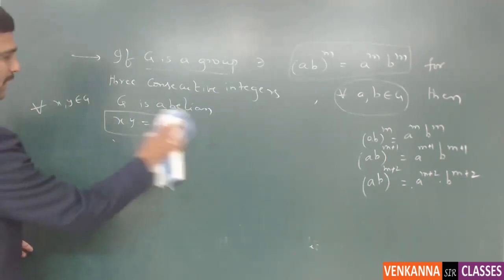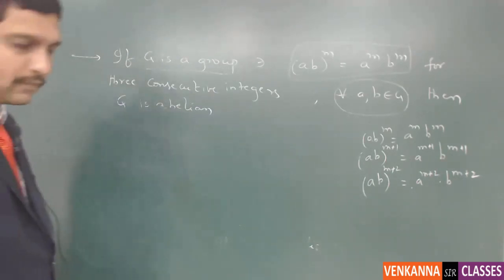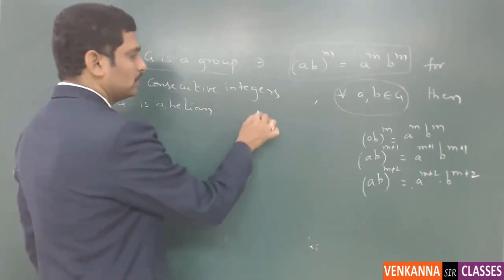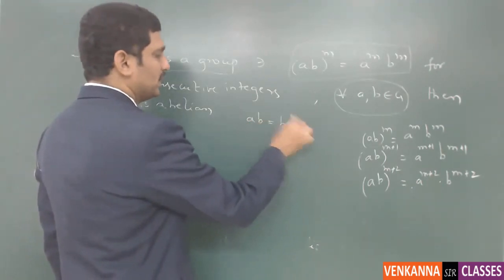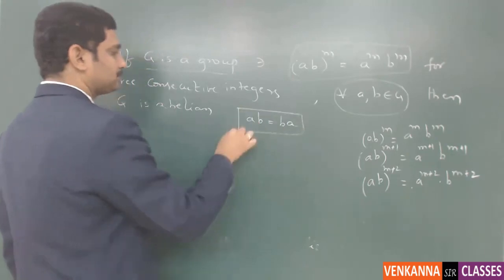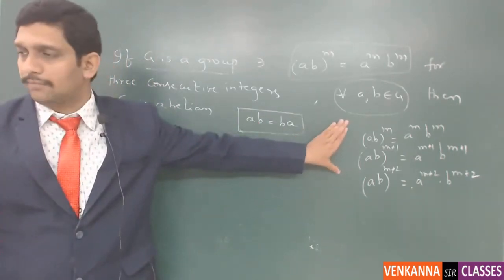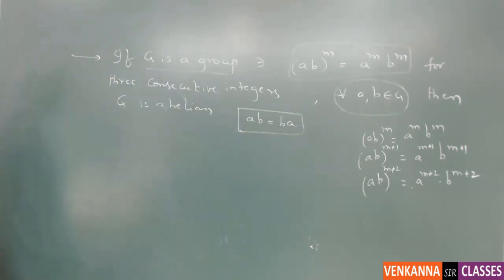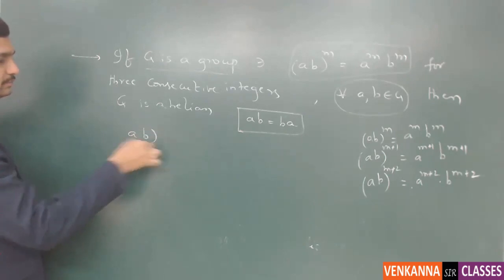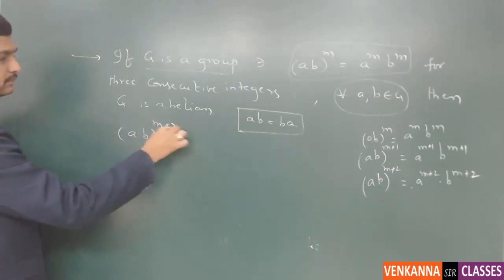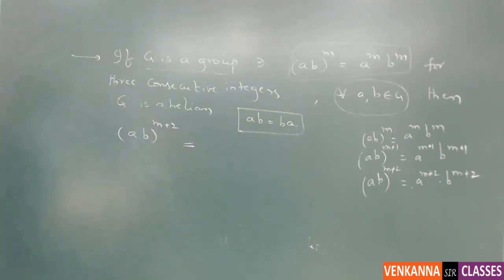So what is our prime motto here? I have to prove AB is equal to BA, and this is my hypothesis given in the problem. First of all, let us consider (AB)^(m+2).